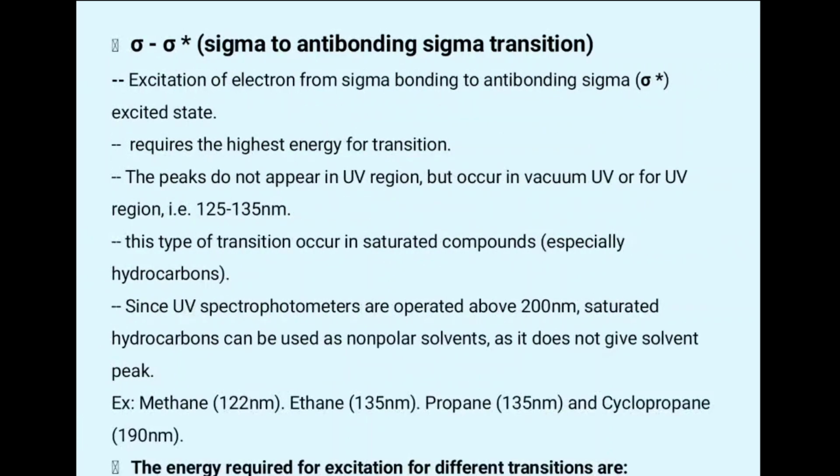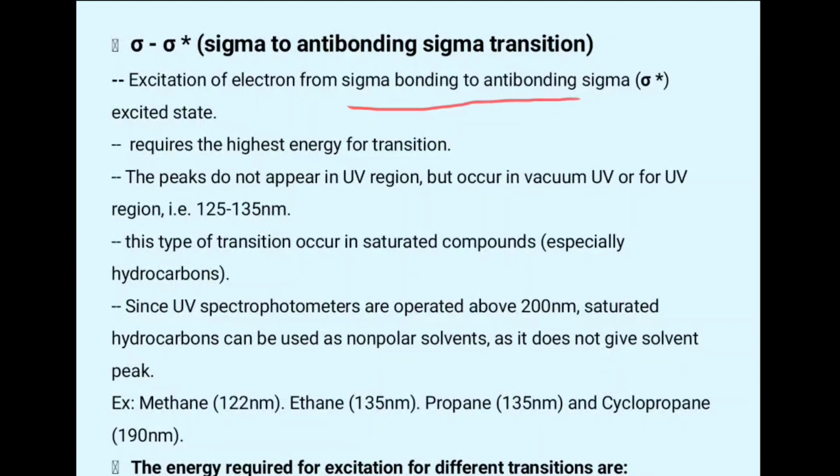Sigma to antibonding sigma transition. In this transition, excitation of electron from sigma bonding to anti-bonding sigma excited state requires highest energy for transition. These peaks do not appear in the UV region but occur in vacuum UV region, that is 125 to 135 nanometers.